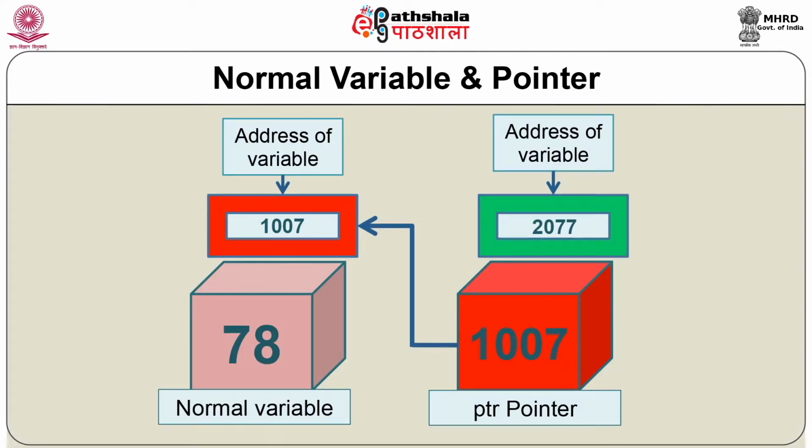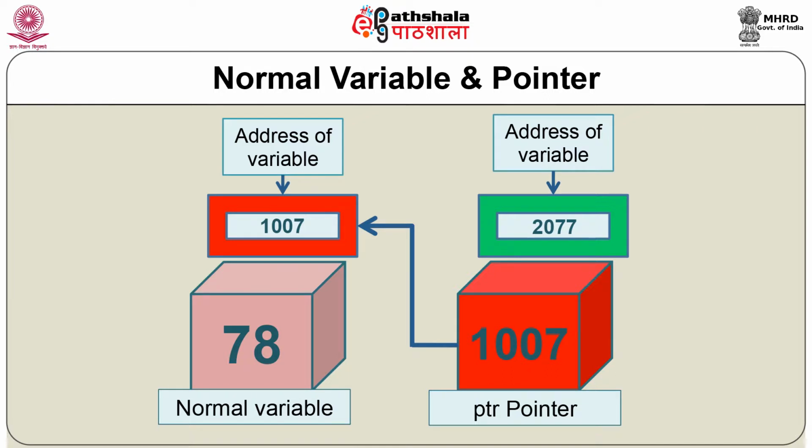In this slide, you can see a picture showing the difference between a normal variable and a pointer variable. The left block is a normal variable, which has the value 78 and its address is 1007.